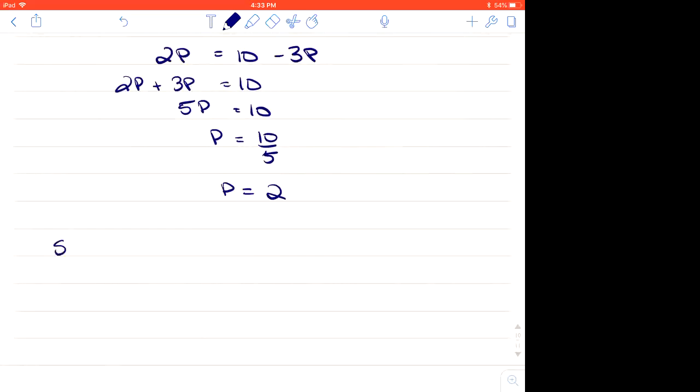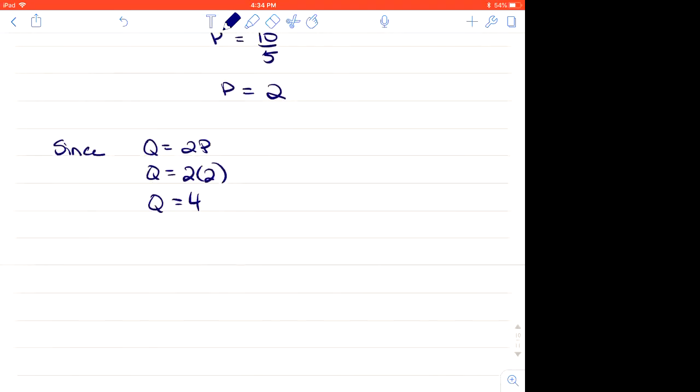And then we remember, since Q is 2 times P, Q is 2 times 2 at equilibrium. So Q must be 4 when P is 2. Q is a function of P. Okay.